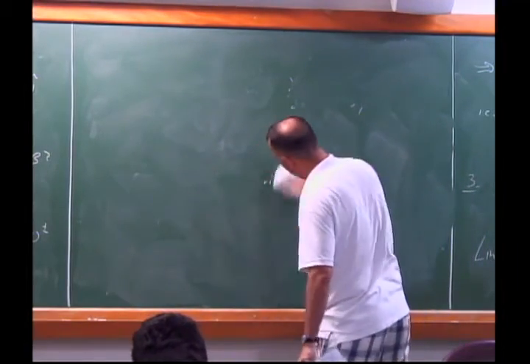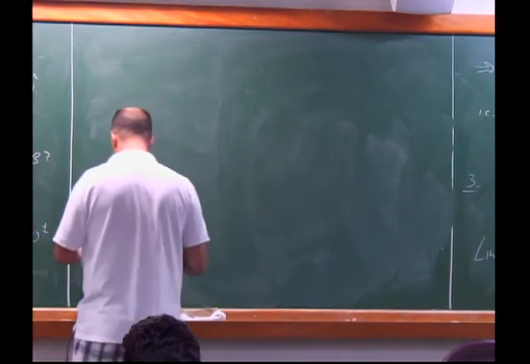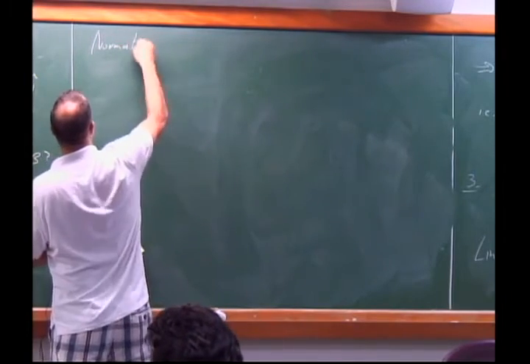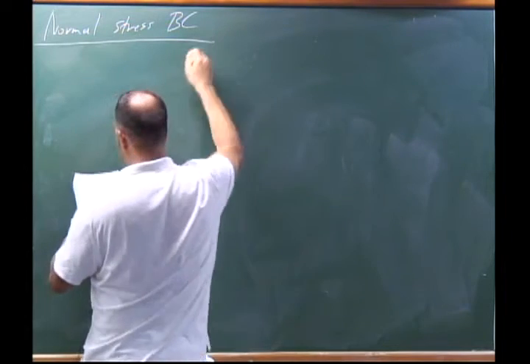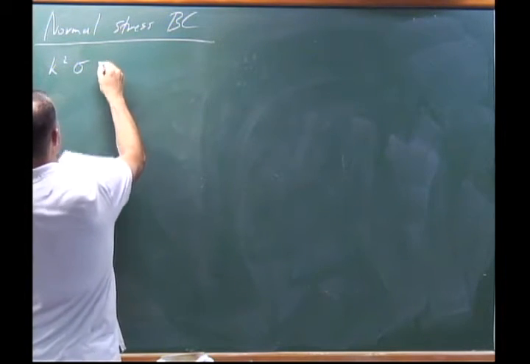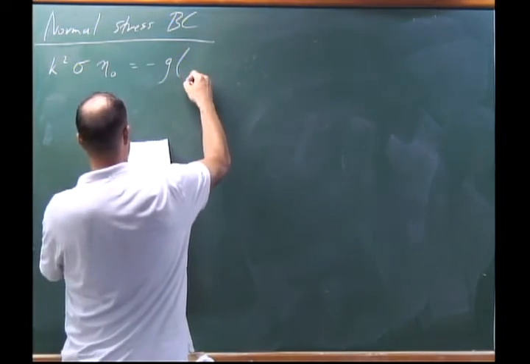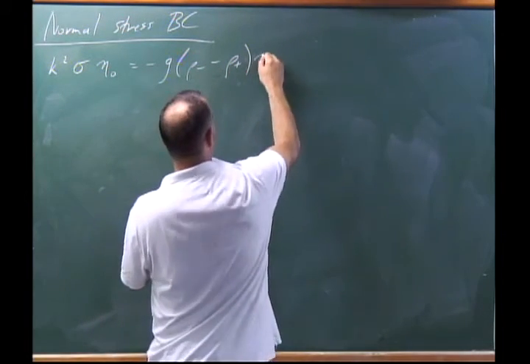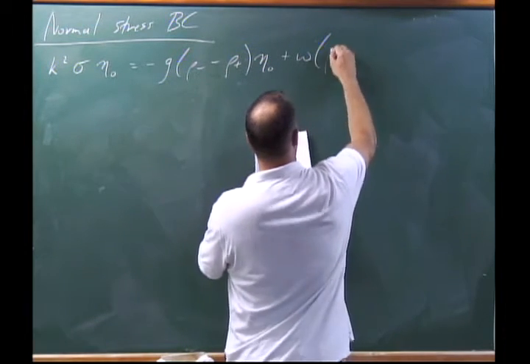So we just have to use a normal stress boundary condition as well. So we're substituting these wave-like forms into the normal stress boundary condition. Get the following.